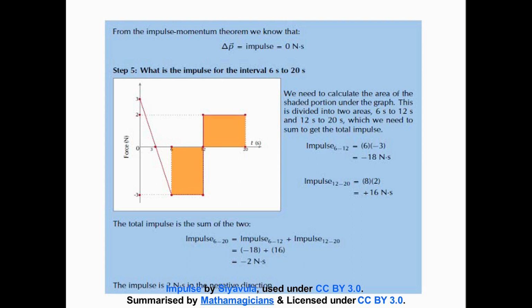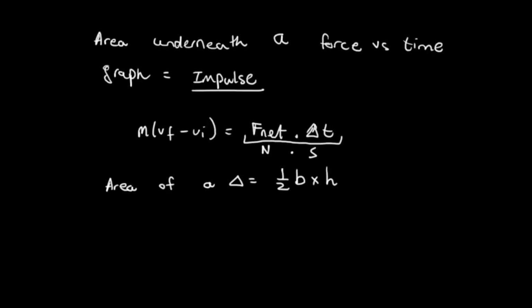For the next step, we need to calculate the area of the shaded portion under the graph from 6 to 12 and from 12 to 20 seconds. So we have two rectangles there, and we know that the area of a rectangle or square, which both have 4 sides, is length times breadth.